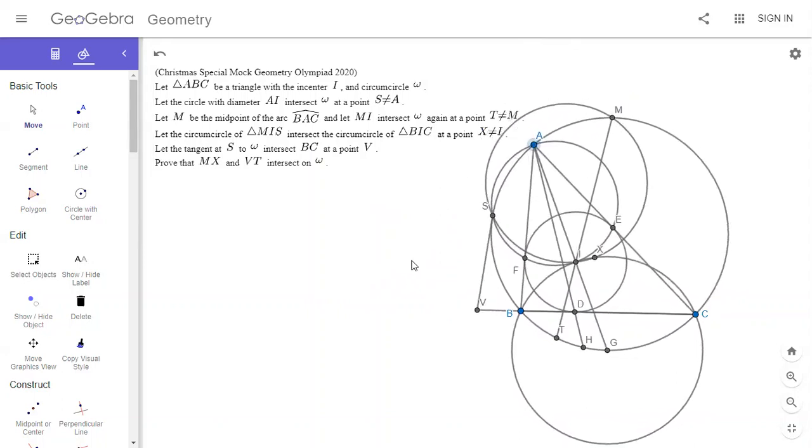Oh, I actually didn't prove it. I just saw it. I drew it in GeoGebra online. Nice. All right, let's see.